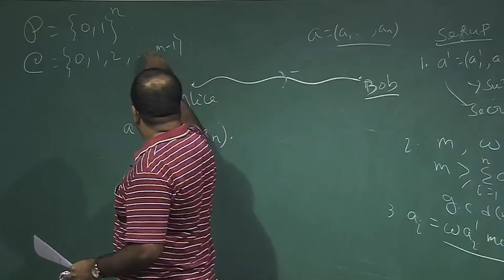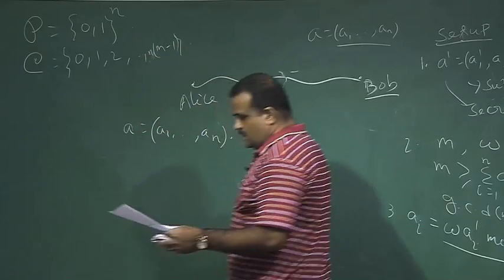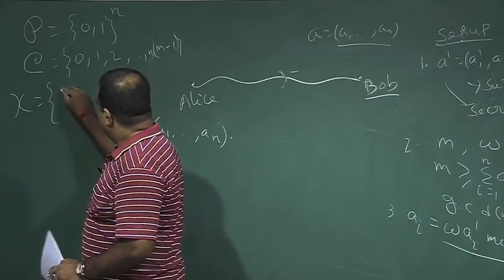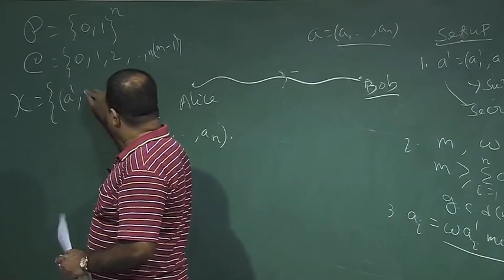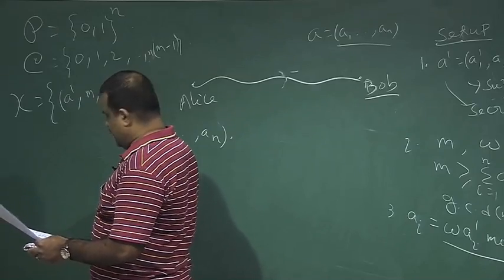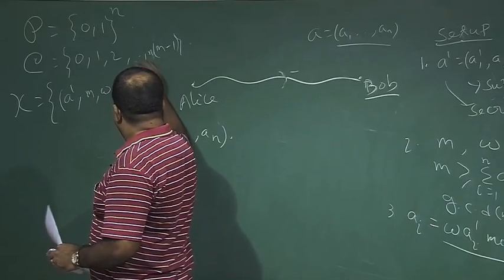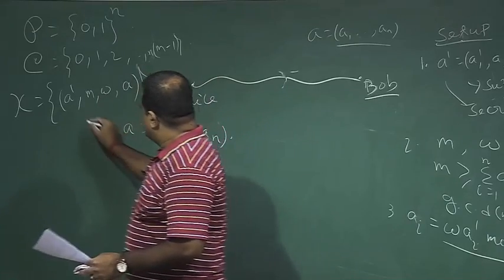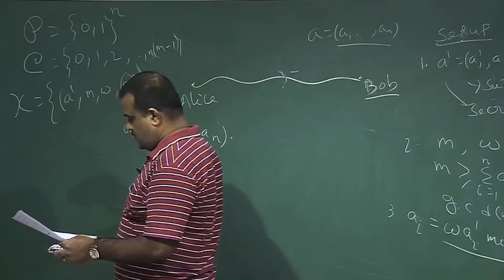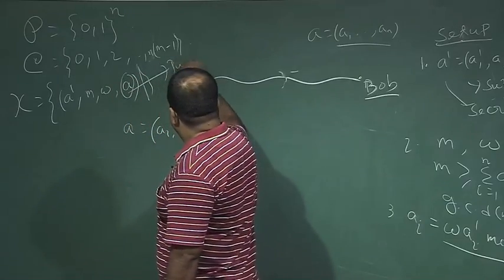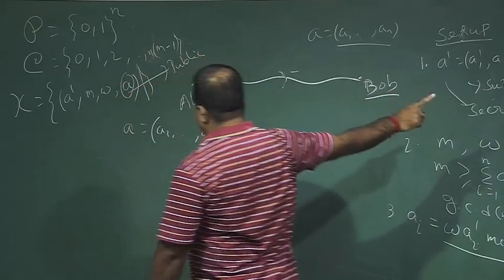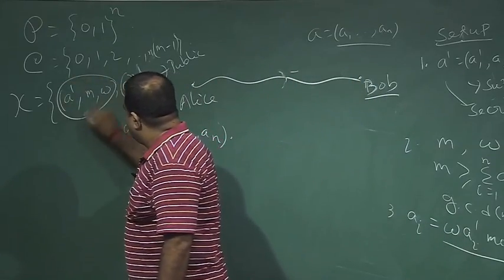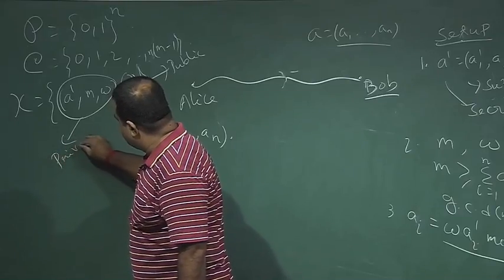The key space is A prime, which is the super increasing sequence, M, W, and A. Among these, A is public. This setup is done by Bob, and all the others are the private key of Bob, which Bob is not revealing.